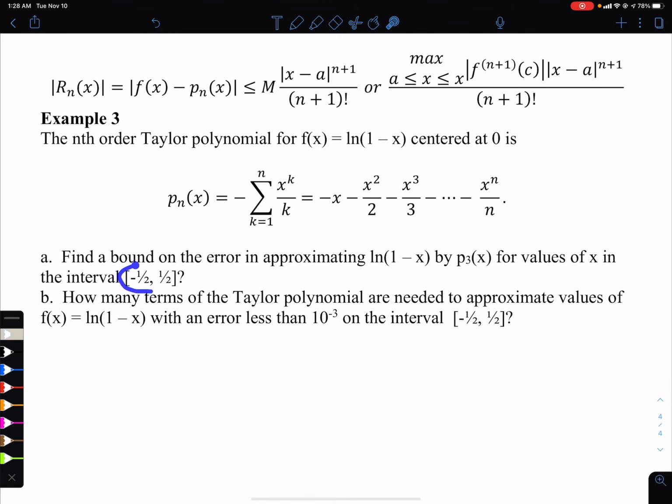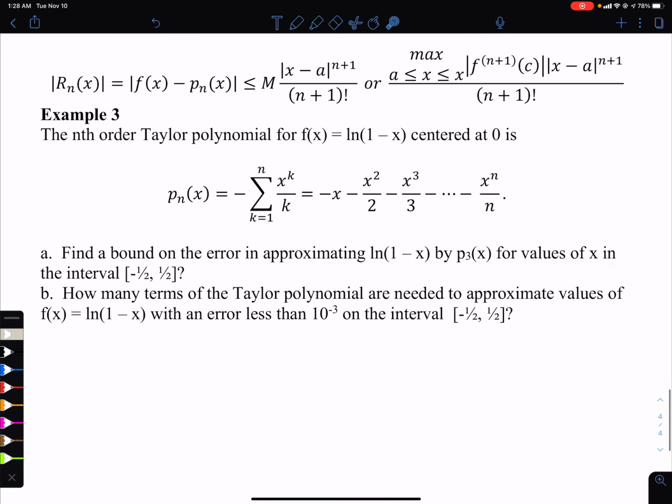Our x can be any number from -1/2 to 1/2. That's kind of weird. And so it's going to be a little more difficult finding the error bound, but we can do it.